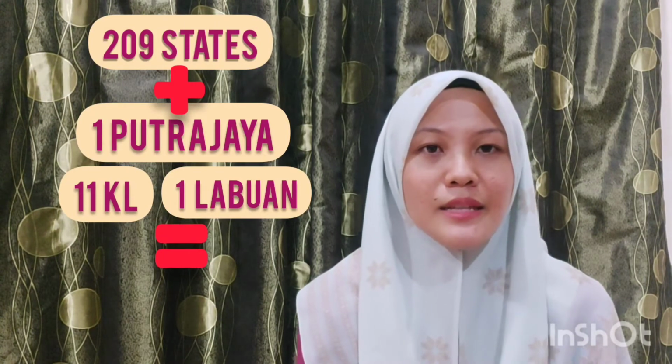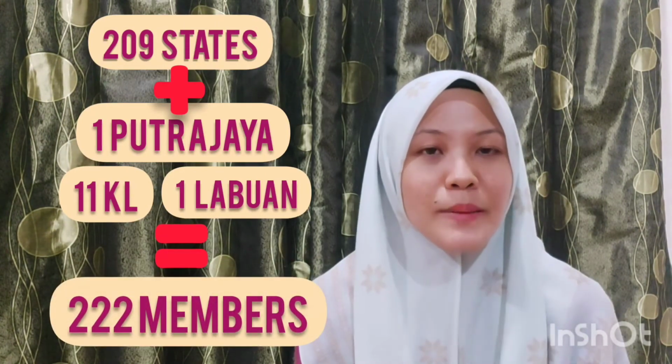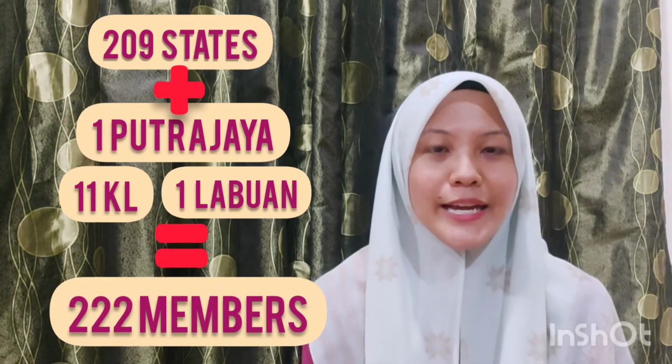Apart from that, there must be 11 representatives from the Federal Territory of Kuala Lumpur and 1 each from the Federal Territories of Putrajaya and Labuan respectively. So the total must be 222 members of Parliament in the Dewan Rakyat.